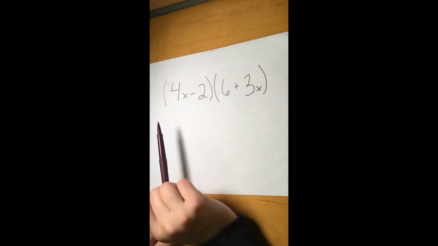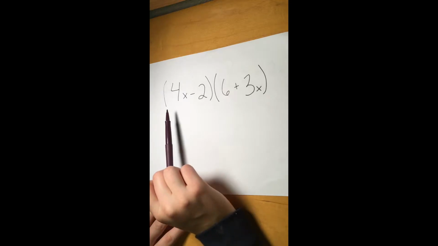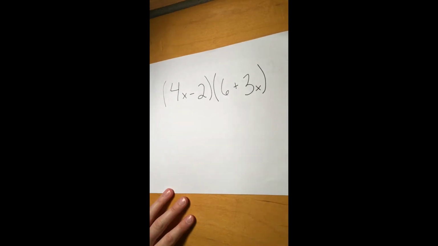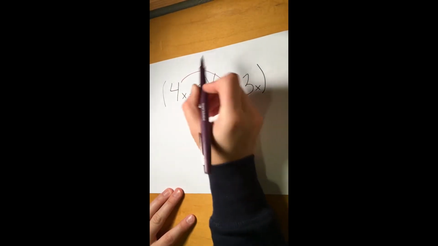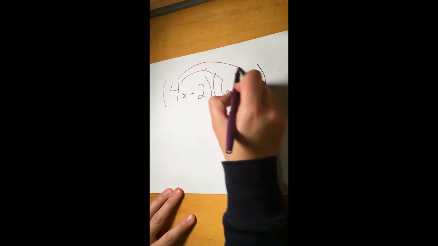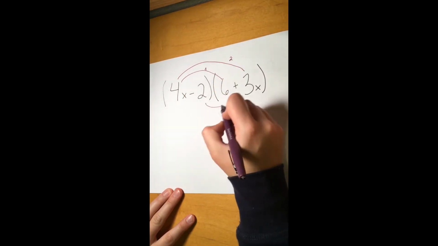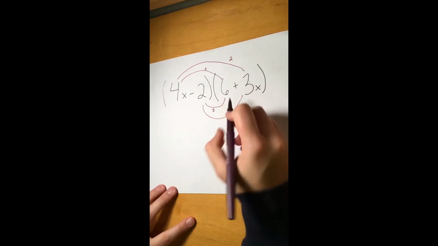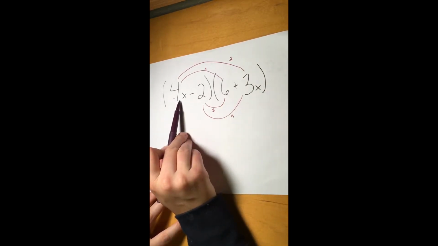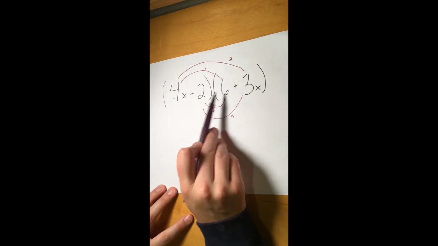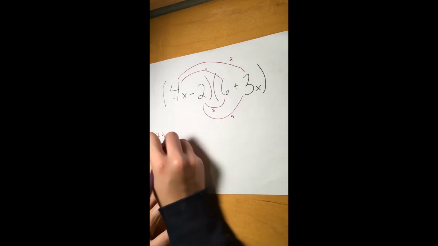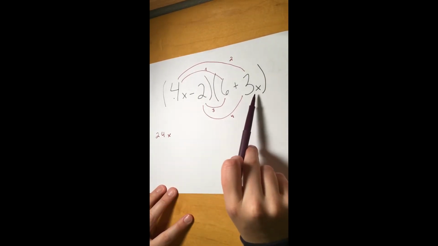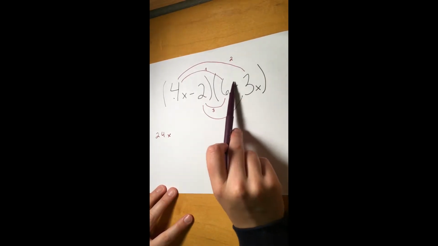Now, if the coefficients of the x are not 1, maybe it's 4x to start, or they're in a different order, it still works the same way. First, outside, inner, last. 4x stays together, times 6 is 24x. 4x times 3x, and it's positive, so no problems there.